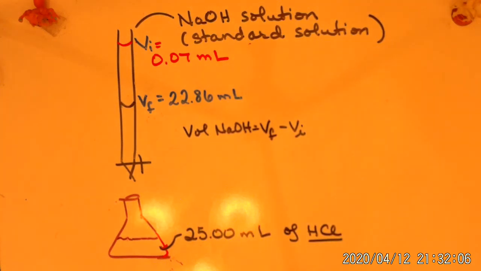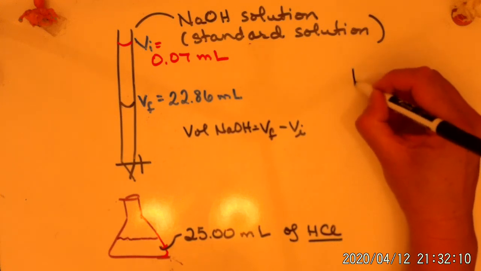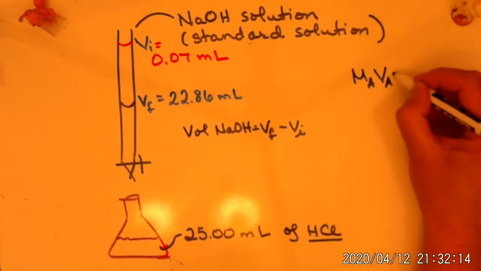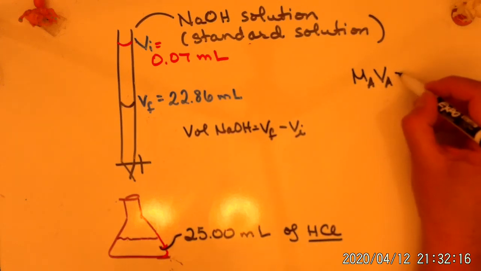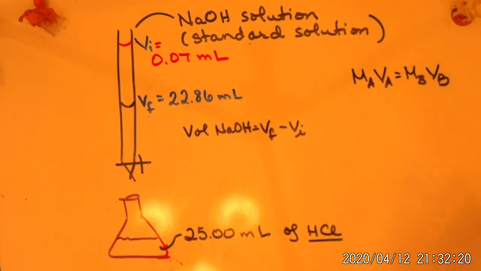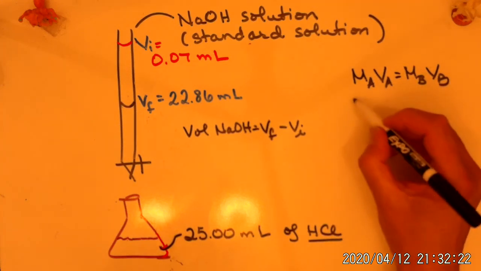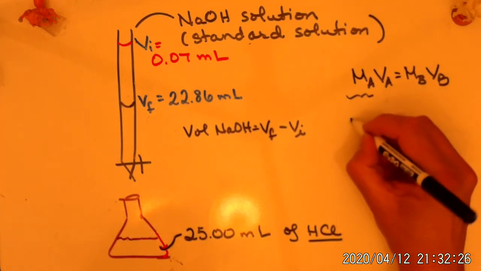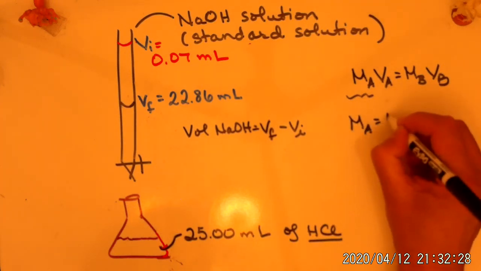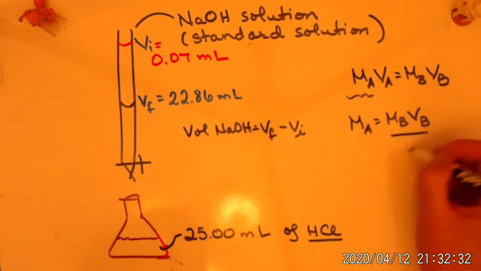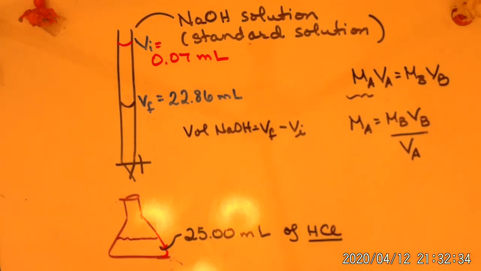Alright? So let's go back to the other slide. And we said that we're going to use the formula, the concentration of A times the volume of A is equal to the concentration of B times the volume of B. If we're looking for the concentration of A, when we do this titration, it is equal to MB VB over VA. Okay?